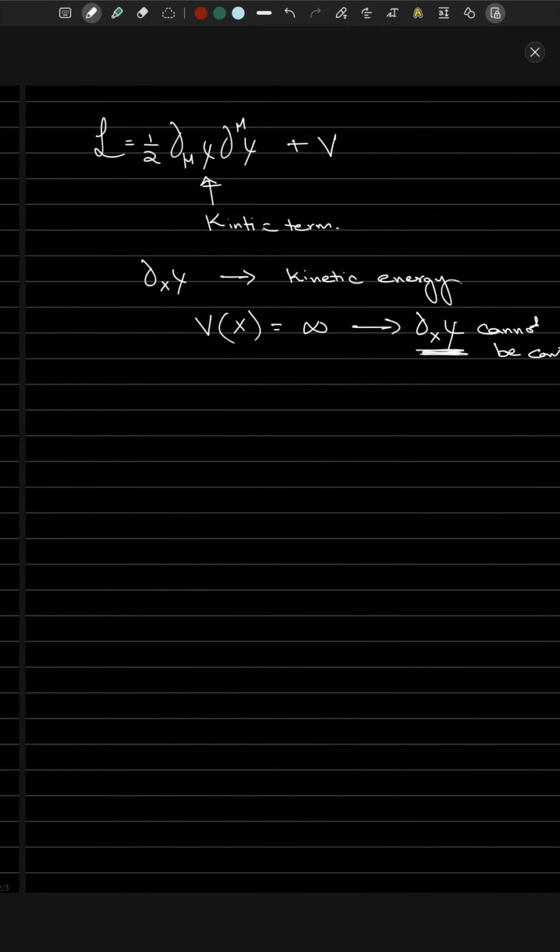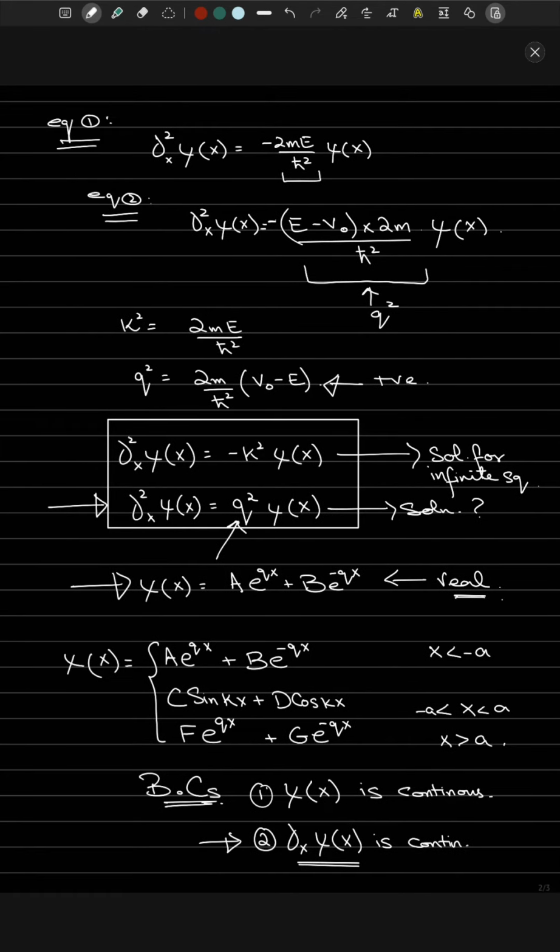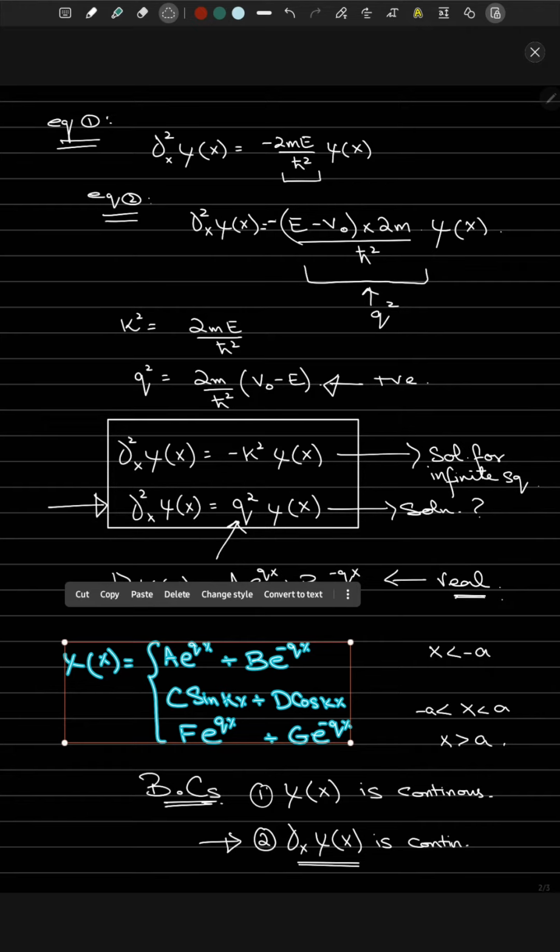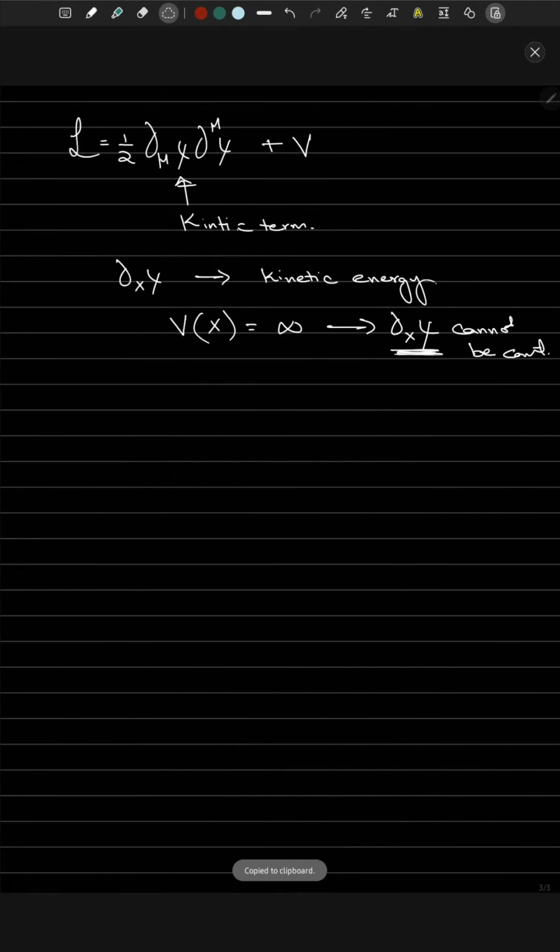So that's why we can say that the exponential outside or at the walls of the well should be a decaying exponential.